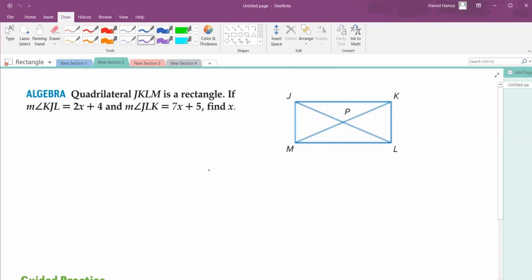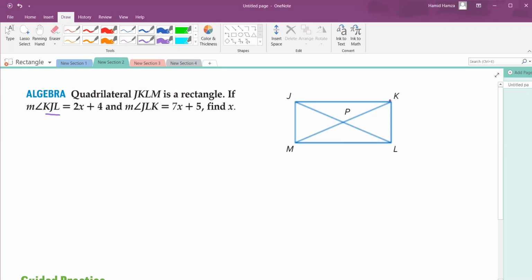He gave you a rectangle. JKLM is a rectangle. He gave you the measure of angle KJL equals x. So we need to find out where this angle KJL is.